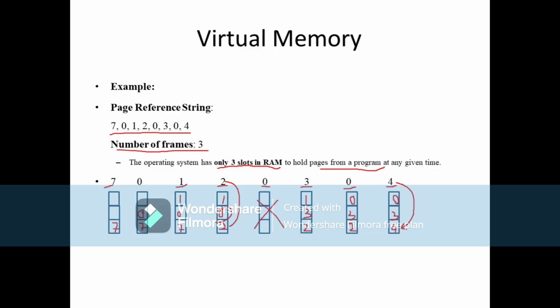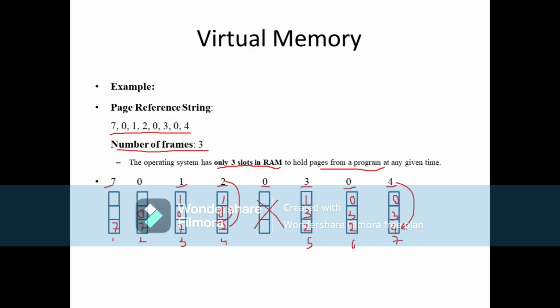Now we have to count how many page faults occur. So you see, this is 1, 2, 3, 4, 5, 6 and 7.